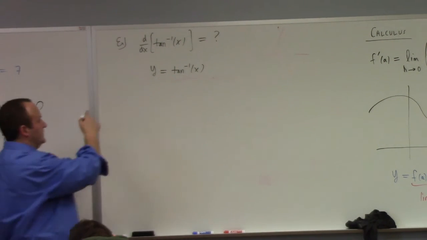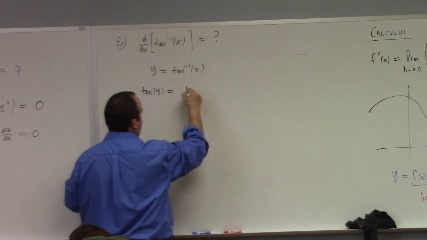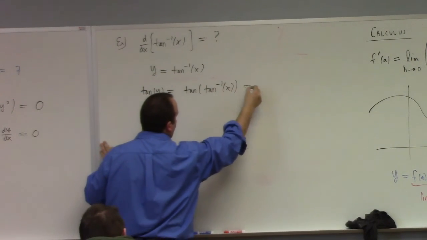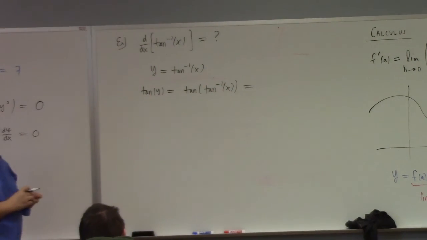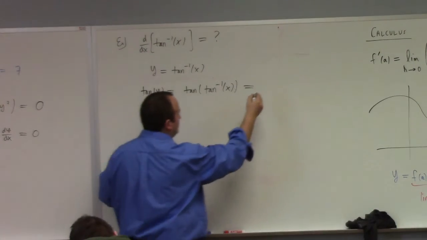So this gives me tangent of y is tangent of inverse tangent of x. What's the tangent of inverse tangent? It's just x again, right? So we have x. Now what?